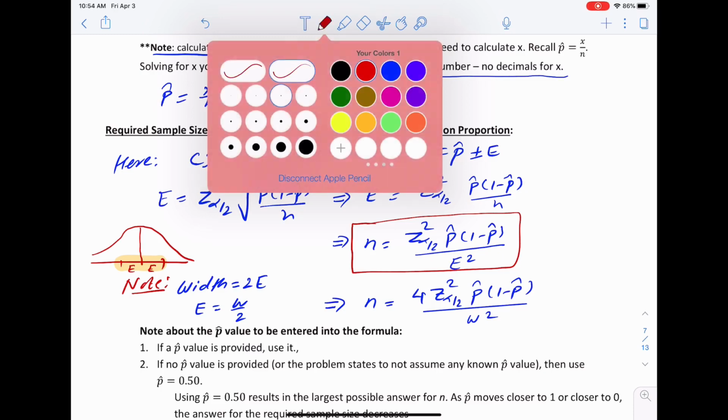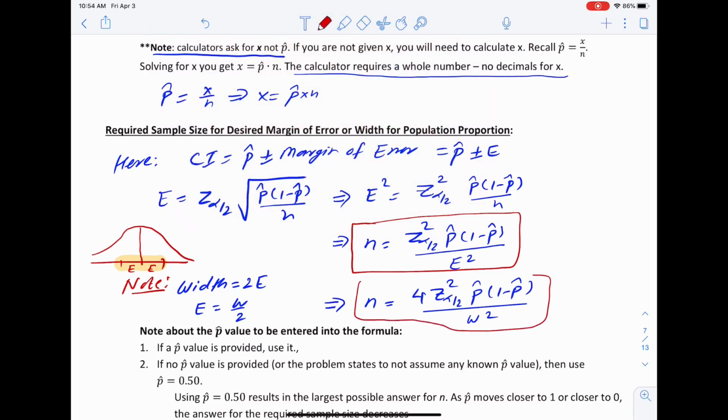So we can use this formula also. So if you have information about margin of error, use the first one. If you have information about width, use the second one.